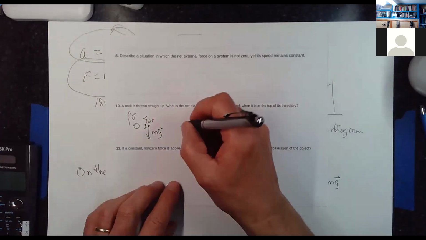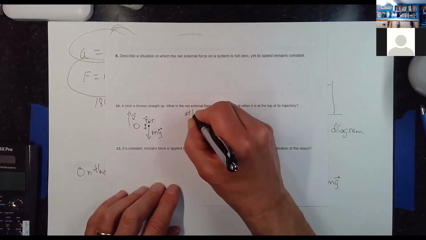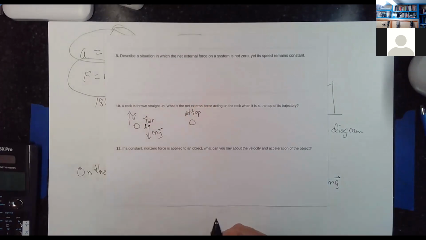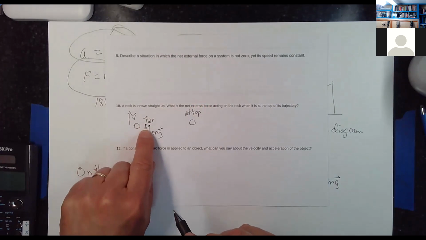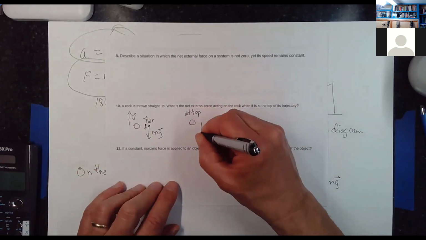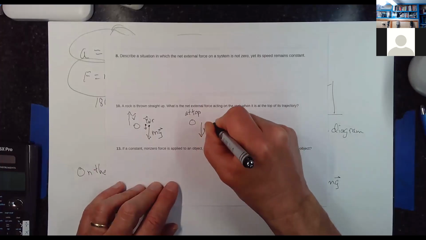But when it's at the top, it has no velocity. It stops for an instant. And so the air resistance goes to zero when that's the case. And so at the top, the only force acting is the weight.